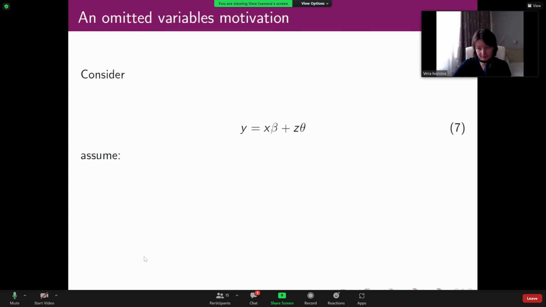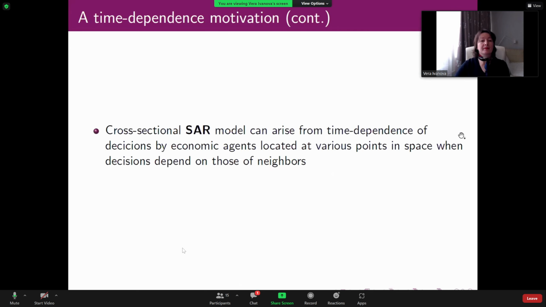So our agent, let's call him or her a representative one, is observing his neighbors' actions, and after that, he takes some decisions.